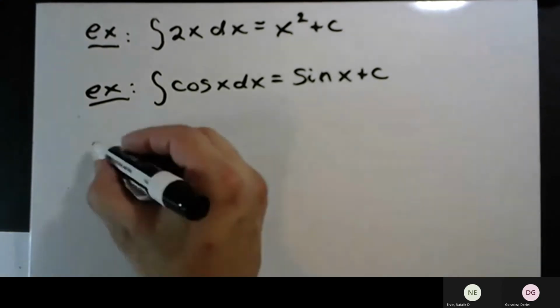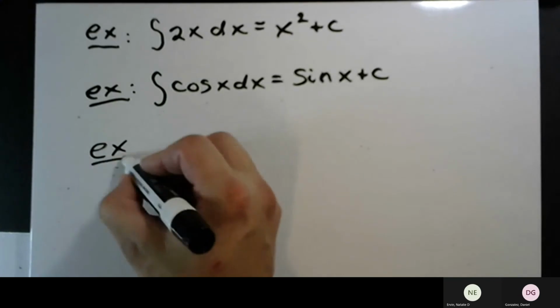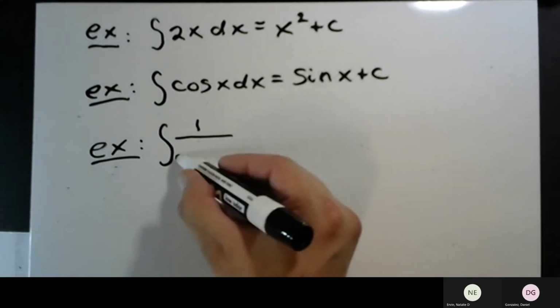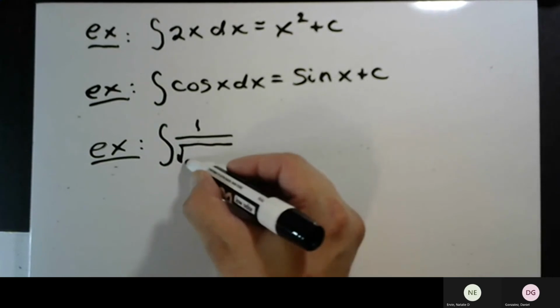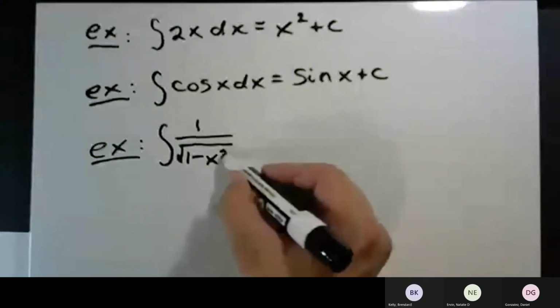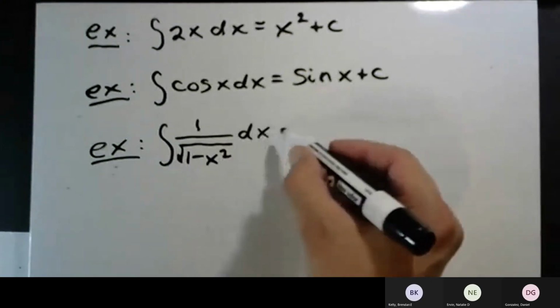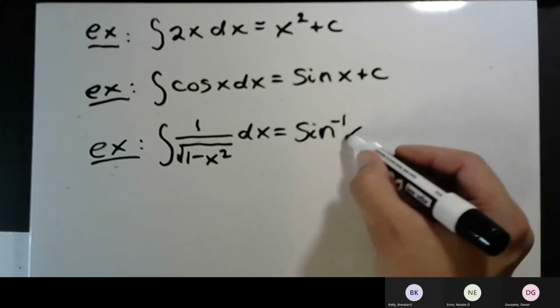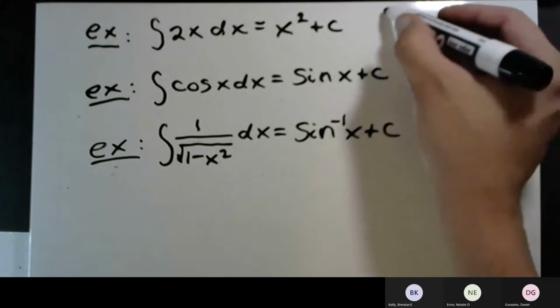They do, so we'll do that. So the indefinite integral of 1 over the square root of 1 minus x squared dx is sine inverse of x plus c.